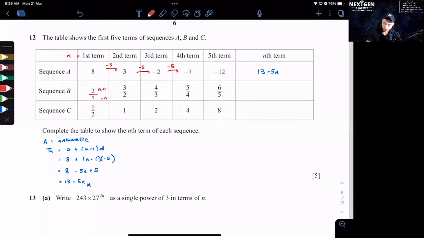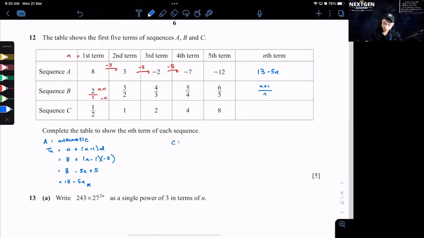So I can conclude that this is actually (n plus 1) over n. Does this follow arithmetic or geometric? Not really. Nothing. You just have to observe and then know that it follows this. So for this second one, just observe it and then try to derive it.